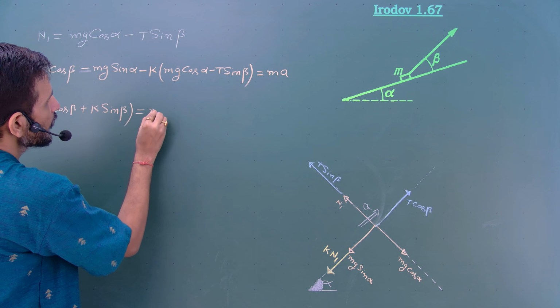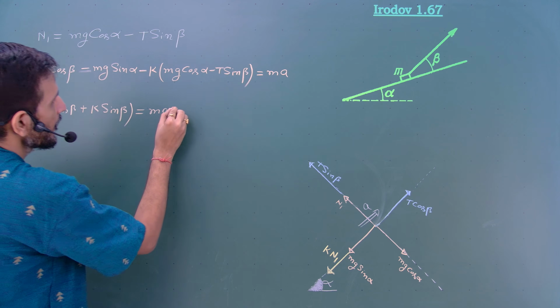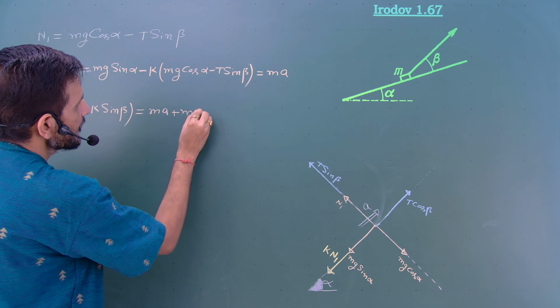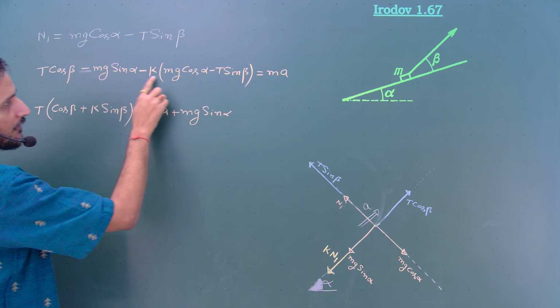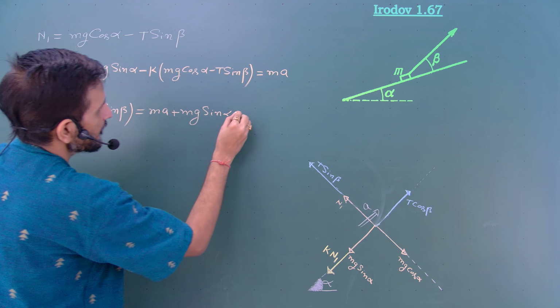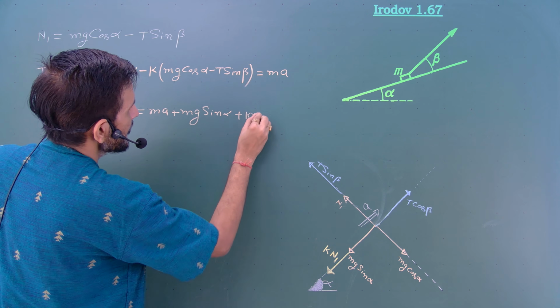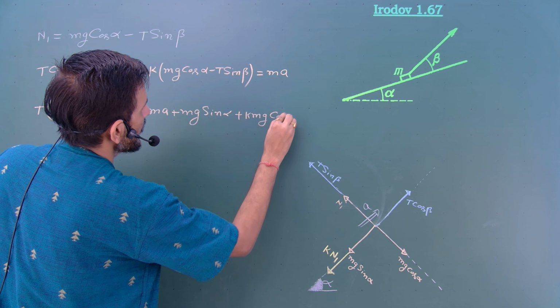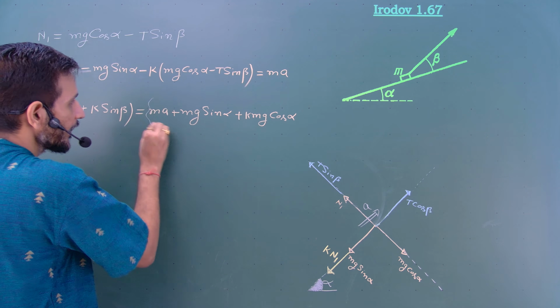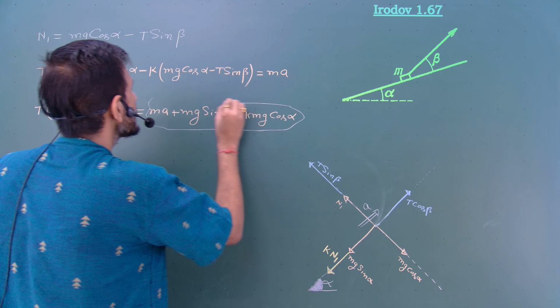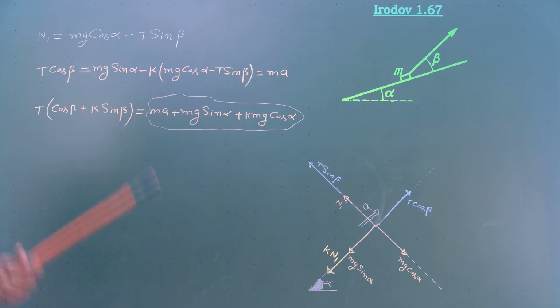So it should be equal to ma plus mg sin alpha, and plus k mg cos alpha. Now remember that on the right hand side, all these things are constant. We cannot change this part.